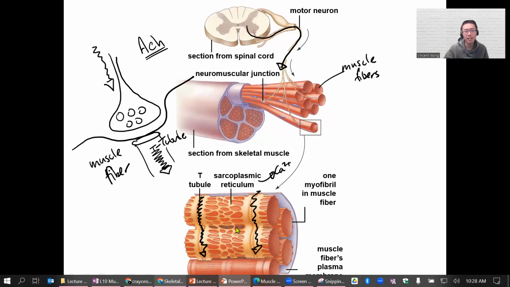But that requires the neurotransmitter acetylcholine, ACH, to create a signal that spreads down the T tubule, which then causes the sarcoplasmic reticulum to release the calcium. What does the calcium do?